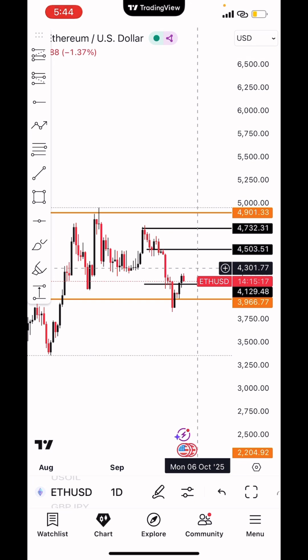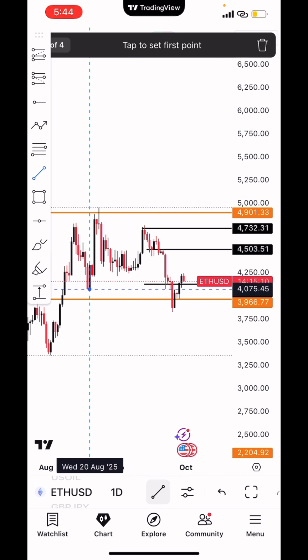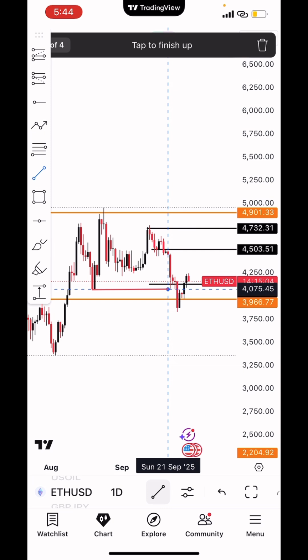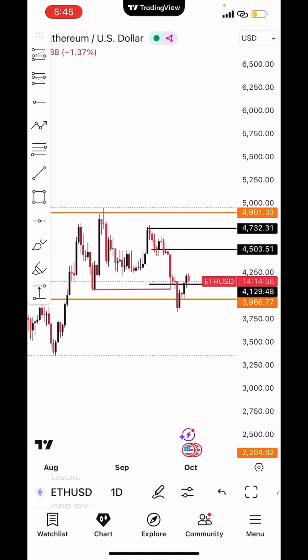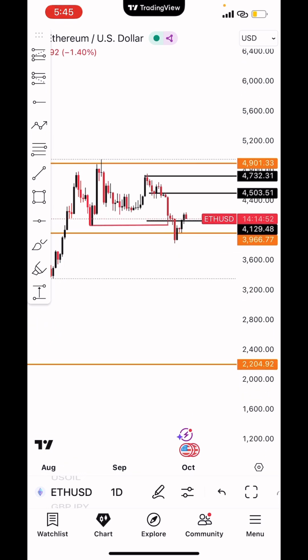Then maybe we expect the market to come down, because looking from here, you will see that the market has broken structure. So that is why I said the market might come down to this zone before going back up. But before then, the market cannot just be coming down like that.